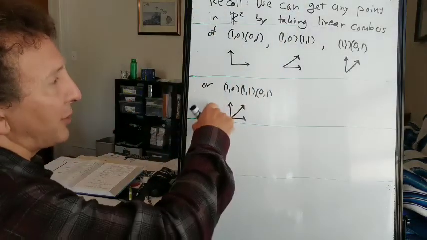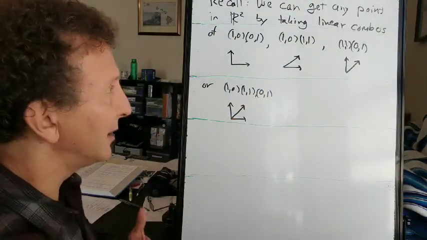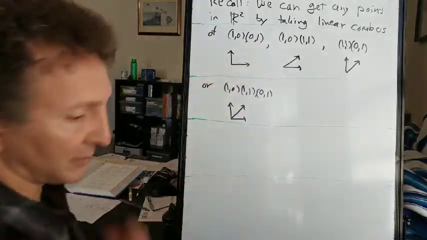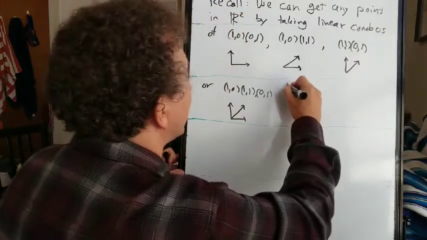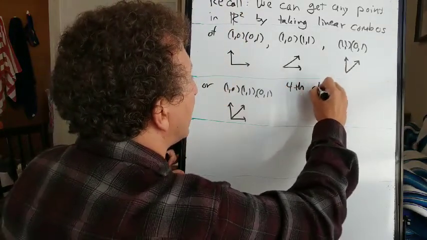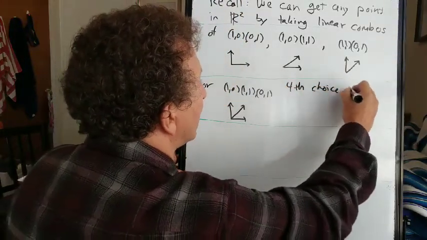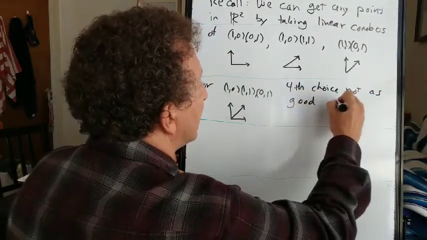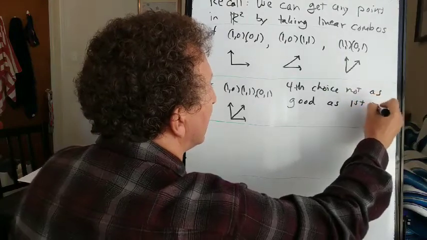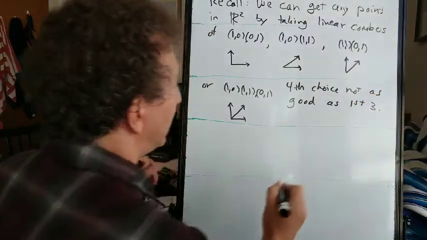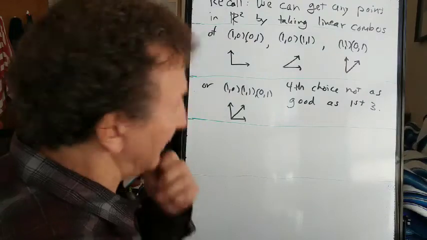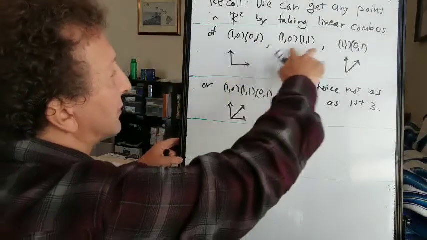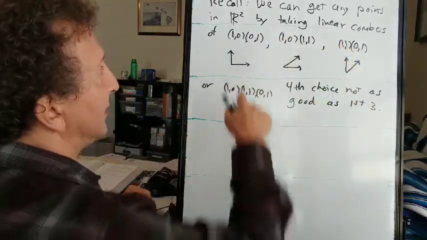And there's something about our fourth choice that's not as good as the first three choices. One reason is the set is not as small as possible. These are all sets of 2 vectors that we can use to get everything in the real plane.